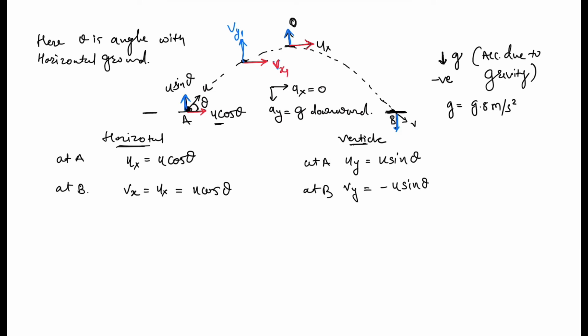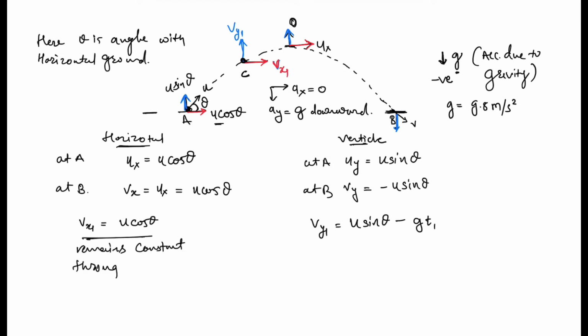Acceleration is present in vertical direction, so vertical vy1 will be u sin theta minus g into time taken t1, where t1 is the time to reach point C, and vx1 will remain the same, u cos theta. This remains constant throughout the journey.